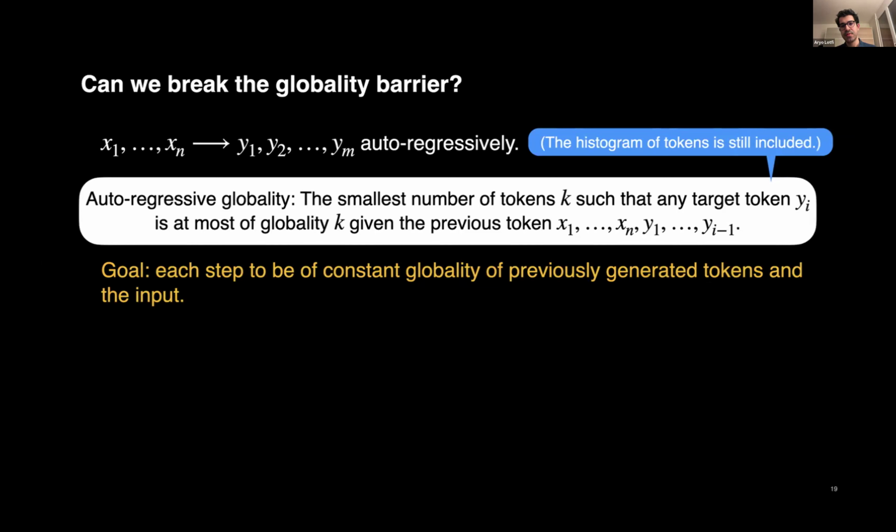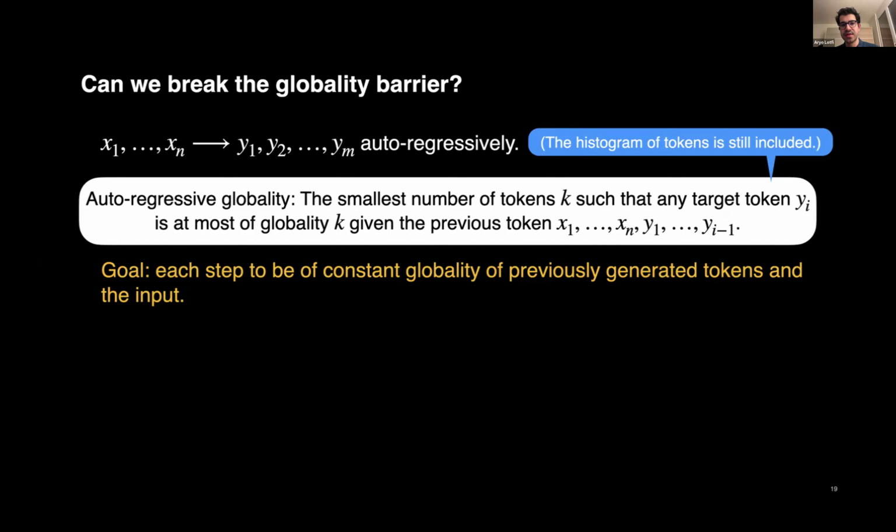It's again the minimum number of tokens such that any of these intermediate targets, any of these yi's, can be at least minimally informed by some k tokens among x1 to xn and y1 to yi minus 1.